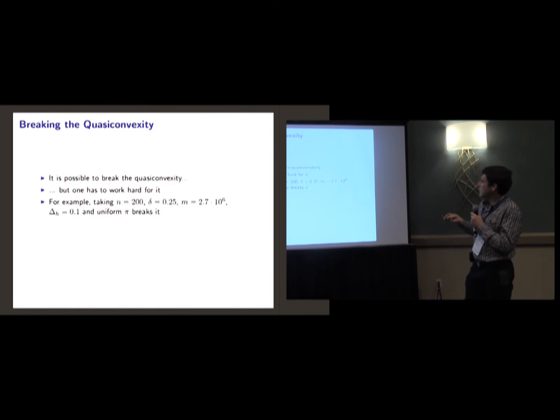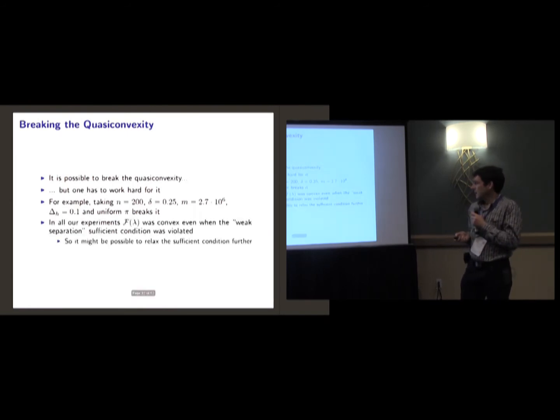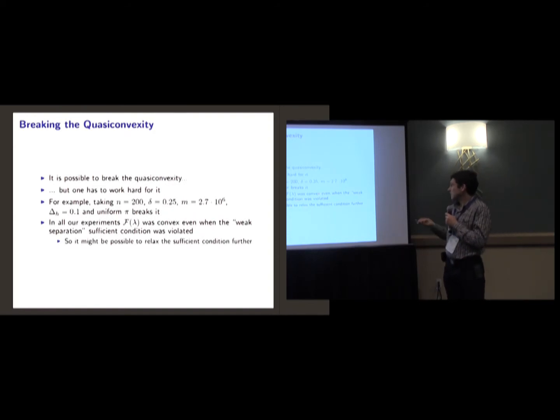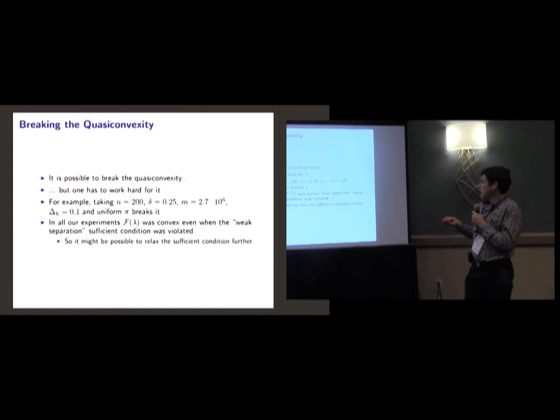But we have to take really a lot of hypotheses in order to break the quasi-convexity. And in all our experiments, f of lambda was actually even convex, not just quasi-convex, even in the situations where the weak separation condition was violated. So it may be possible to relax the sufficient condition even further.